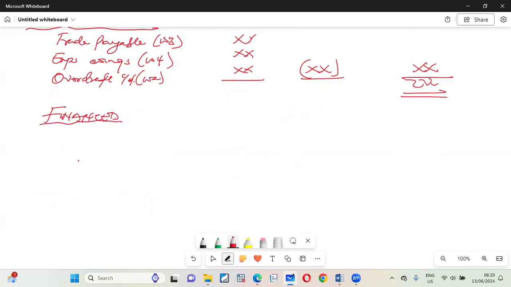So financed by our opening capital. Do you remember? Opening capital. That was from workings 1, right? So you have that. You add net profit. So you have it here.